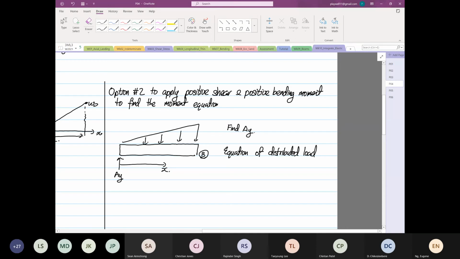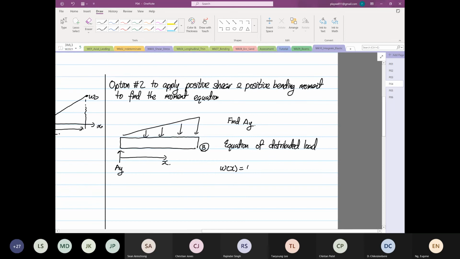Now I'm going to do integration all the way. The function is omega as a function of x, so this is equal to omega naught x over L. Then to find the equivalent load, omega equivalent, we're going to integrate from 0 to x.